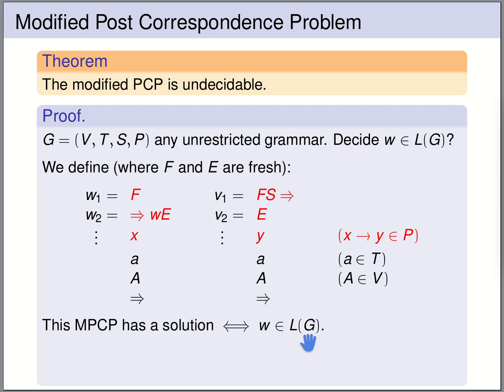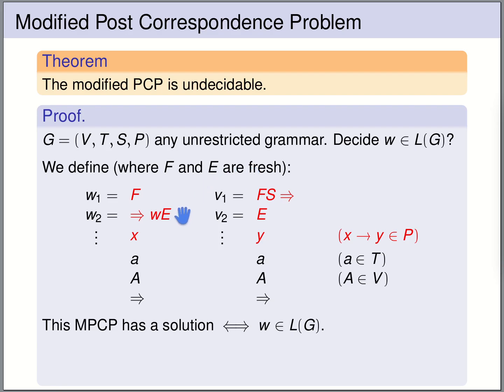So how does this modified PCP look like? It consists of these pairs. These pairs are now written horizontally. The left entry of the first pair is W1, the right entry is V1, the second pair is W2, V2, and so on. So the first pair, that's the pair that we have to start with, looks as follows. The left entry is F, the right entry is F s arrow.